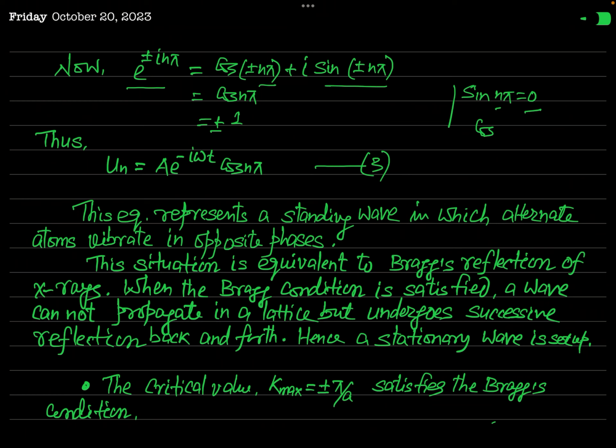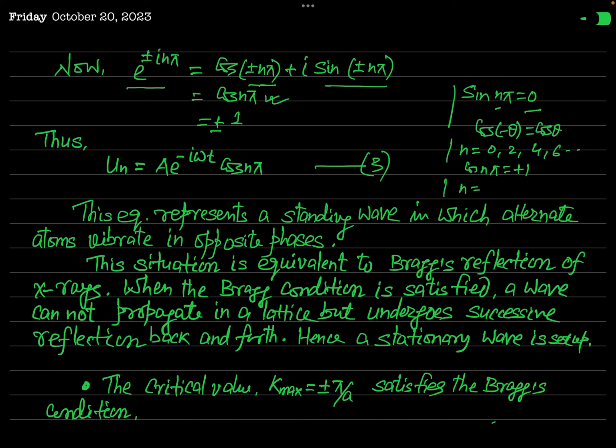But you know cos minus theta is equal to cos theta. So cos plus minus n pi is simply equal to cos n pi. And what is this cos n pi? If n is equal to 0, 2, 4, 6, that is an even number, then cos n pi is equal to plus 1.